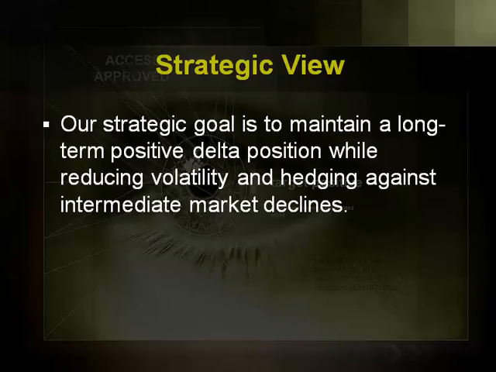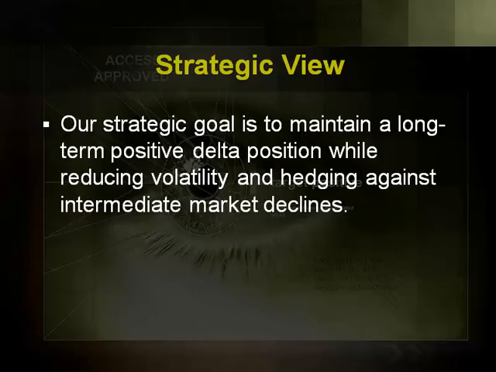But we're also recognizing that in the short term and in the intermediate term, we will experience market pullbacks, we will experience secular bear markets, we will experience periods of consolidation, and during these periods of time, what we want to avoid having happen is an erosion of our investment capital.